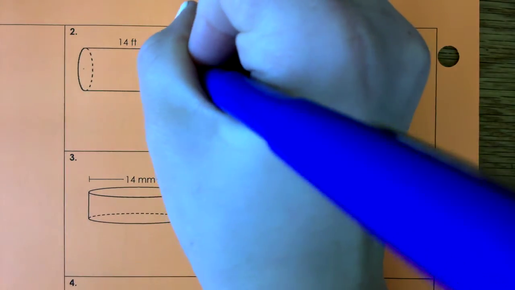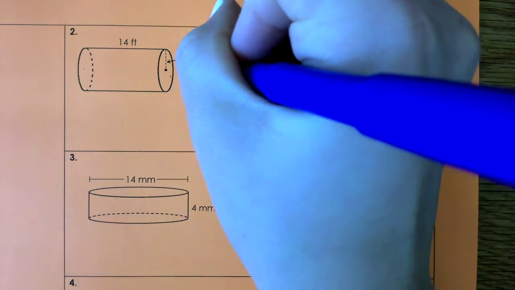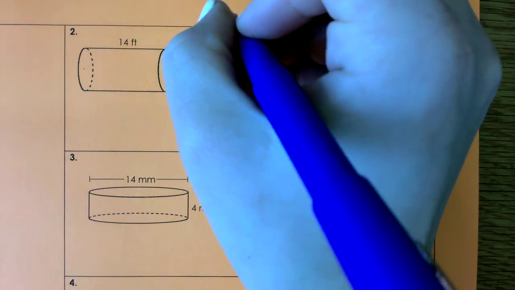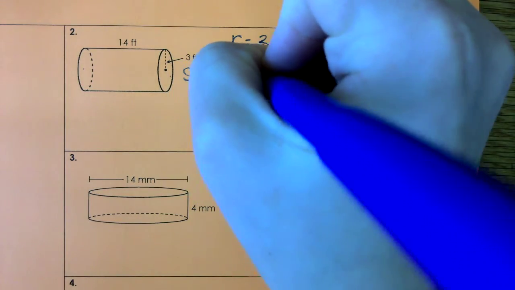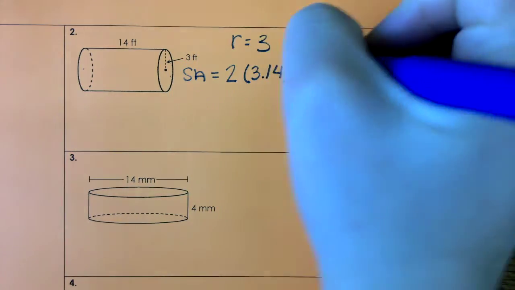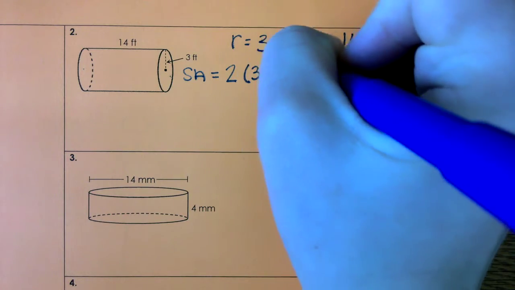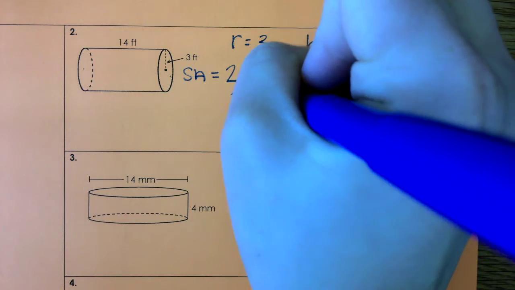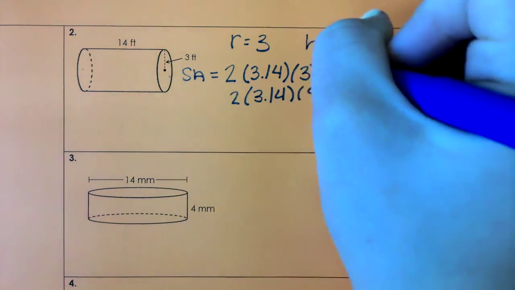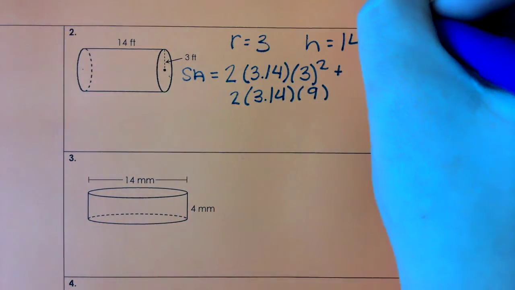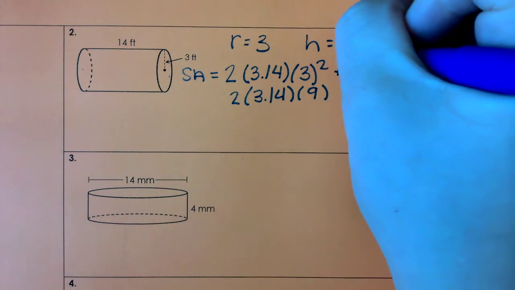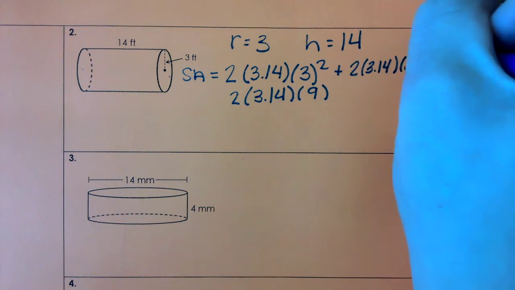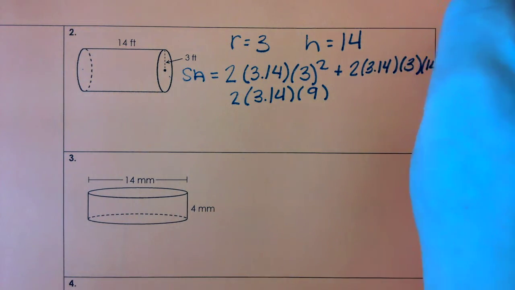Plug it into my formula. I have 2 times 3.14 times 3 squared, which turns into 9, plus 2 times 3.14 times 3 times 14.